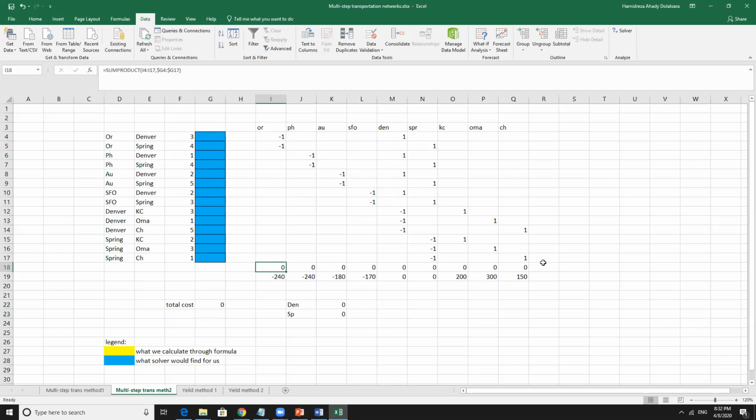It's not the way that I recommend, but just a creative way of doing that. And also we have DNSP, which stands for how many would be in our Denver warehouse and how many in our Springfield warehouse. And total cost is just multiplication of the blue cells, how many we send in each link, and cost of transportation.